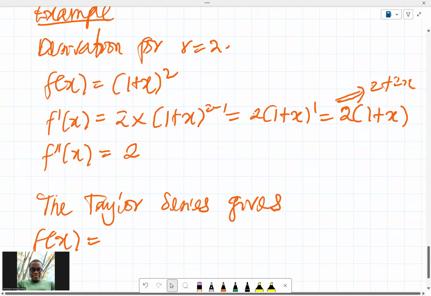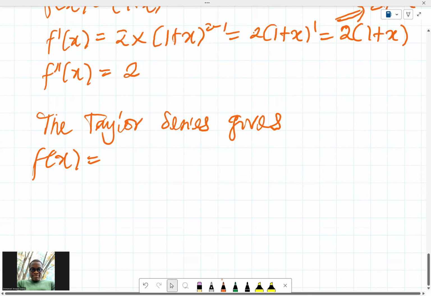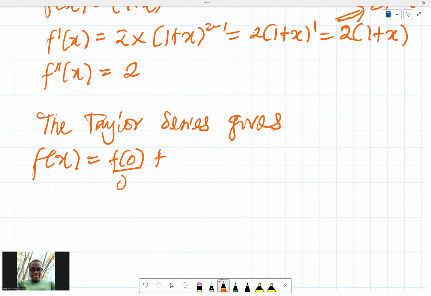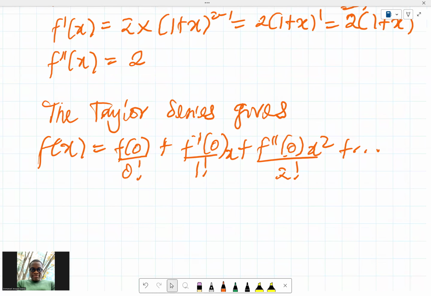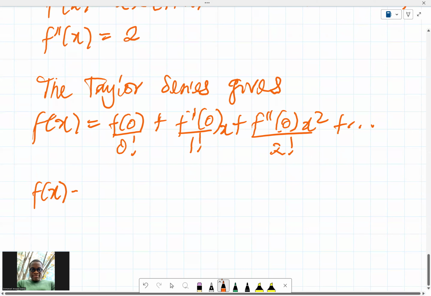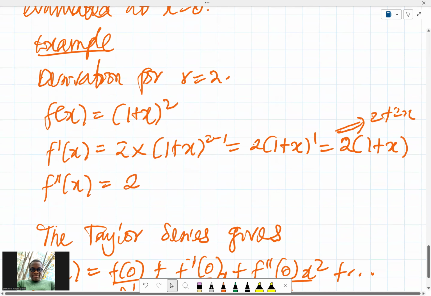We have f of 0, plus f prime of 0 divided by 1 factorial times x, plus f double prime of 0 over 2 factorial times x squared. That's actually the idea of Taylor series. So if we put all of that together, now you have f of x equals f of 0 and so on.